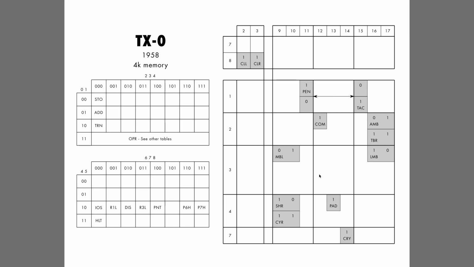So, as another example, we can do the AMB operation, which moves the accumulator to the memory buffer, and then move the memory buffer to the live register, and together this of course moves the accumulator into the live register.